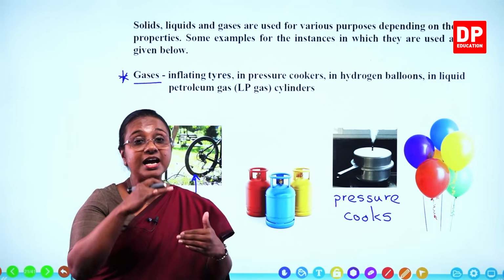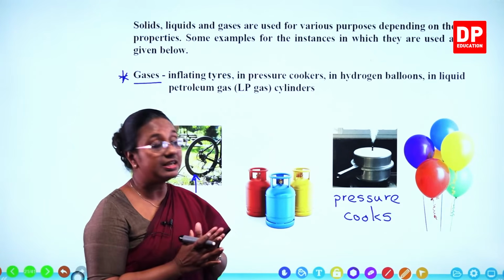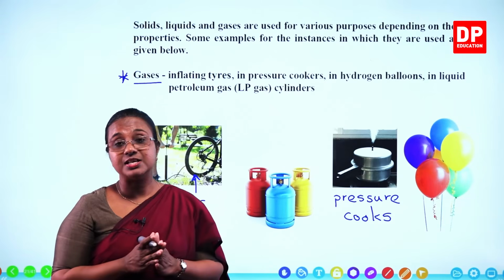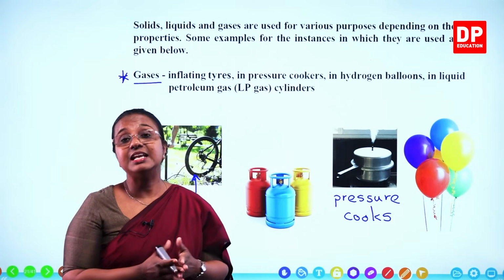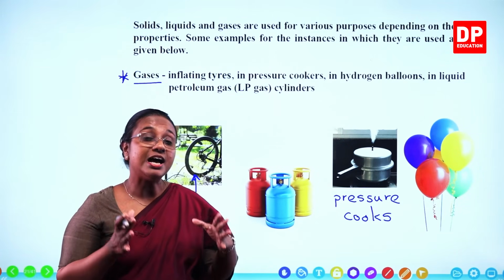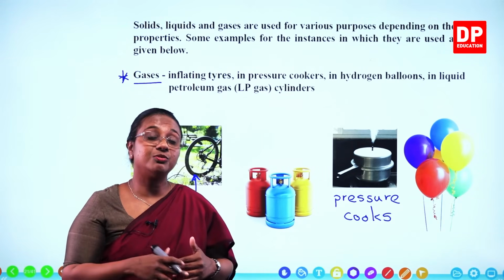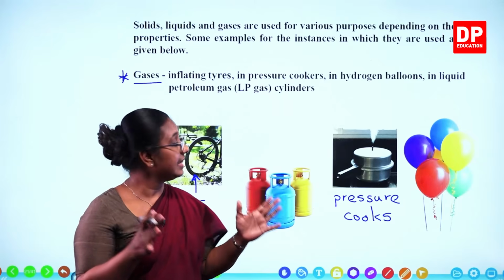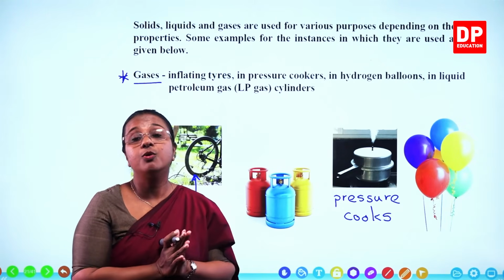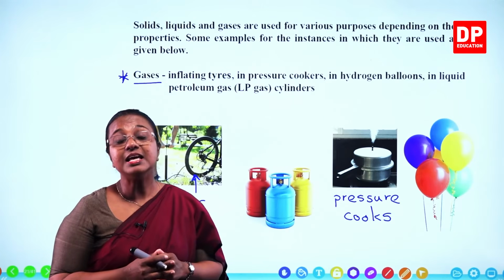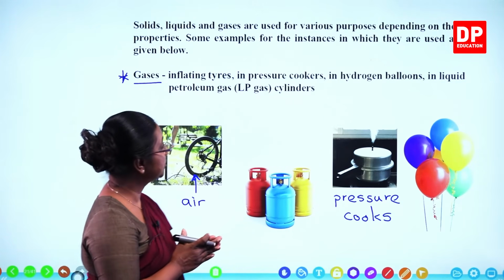So there is high pressure generated within that vessel. That is possible again because of the gaseous state substances. So there it facilitates the cooking. Usually cooking with a pressure cooker is somewhat faster than cooking with a normal open vessel. So that is facilitated again by gases. So that's the pressure cooker.